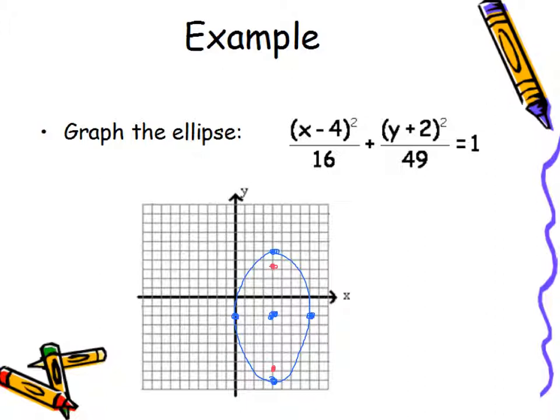The skinnier your ellipse is, the closer to the vertex those foci get, and really it's usually towards the edge of the ellipse. It doesn't really get that close to the center. As these get closer towards the center, it's going to make your ellipse more rounded until they keep coming in, and when they both hit at the center, all of a sudden your ellipse is going to be a circle.